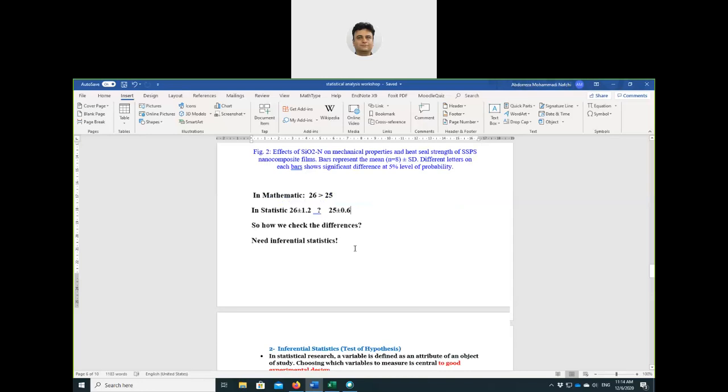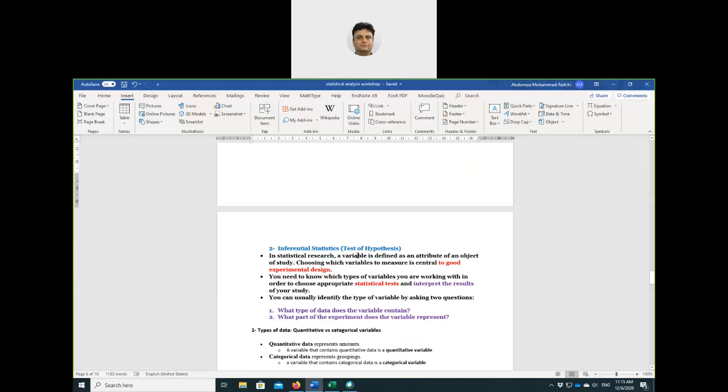So we need inferential statistics to check, measure and report the differences between the means. In mathematics you easily say that 26 is higher than 25, but in statistics you cannot say whether this range is higher than this range or not. You need to test this hypothesis: is this range different from this one or not?